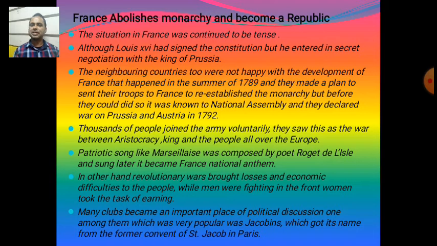Now the situation in France continued to be tense. It is not like the moment France became a republic, everything was okay. See the shift from absolute monarchy to constitutional monarchy, and now from constitutional monarchy to republic. But things were not that smooth, because though it was declared a republic, the situation was not peaceful.